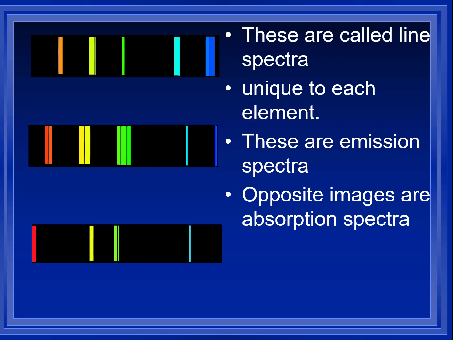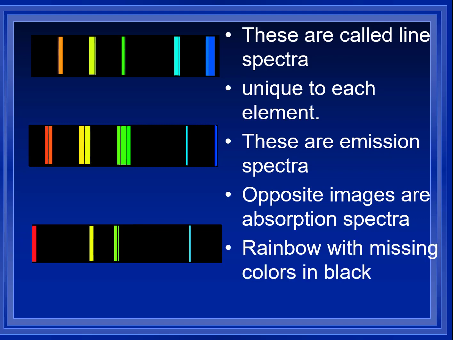And everywhere you see a color, there will be a black line where that color's not made, or that color doesn't get through. So it turns out that the colors that an atom absorbs are the same as the colors the atom emits. So there must be something in that atom that is that much energy apart, because it can absorb that color and it can emit that color. So the absorption spectrum looks like the whole rainbow with individual black lines.